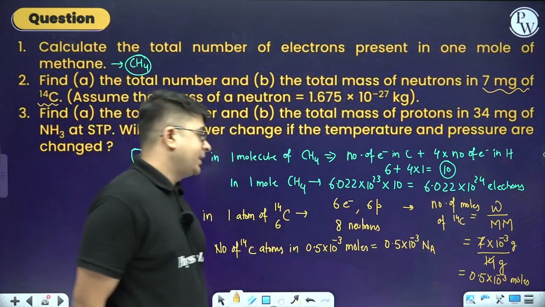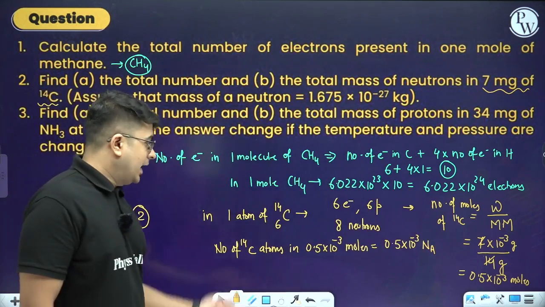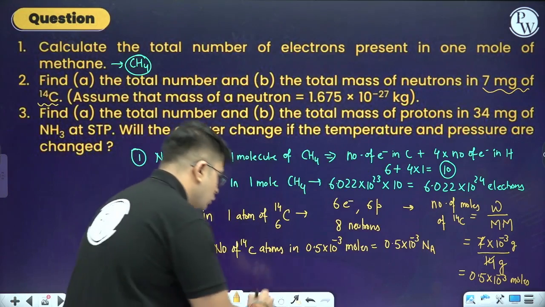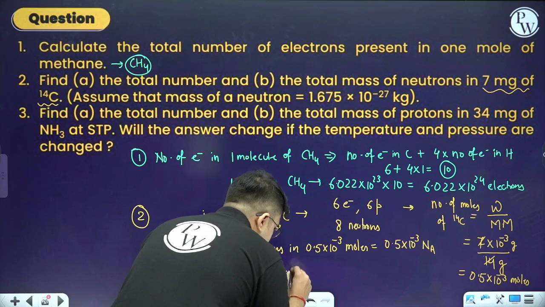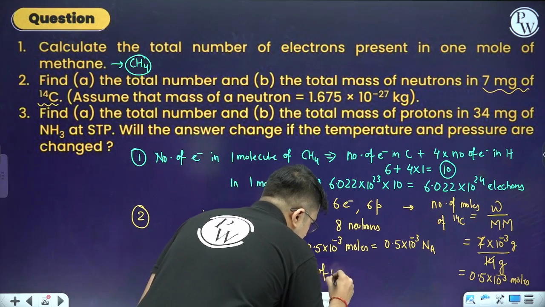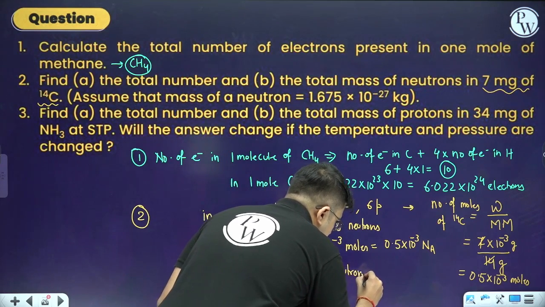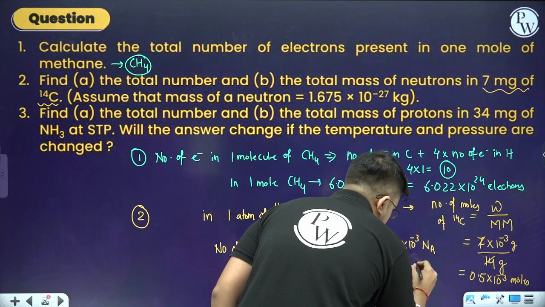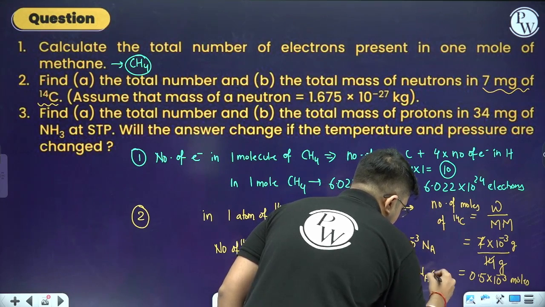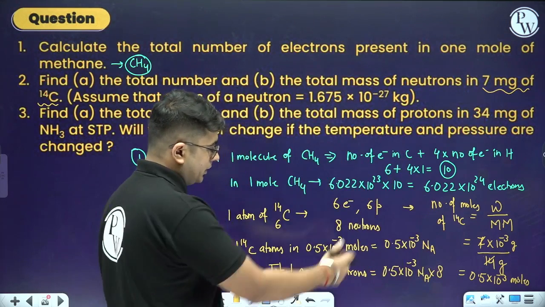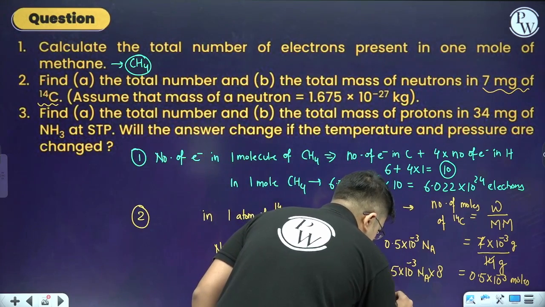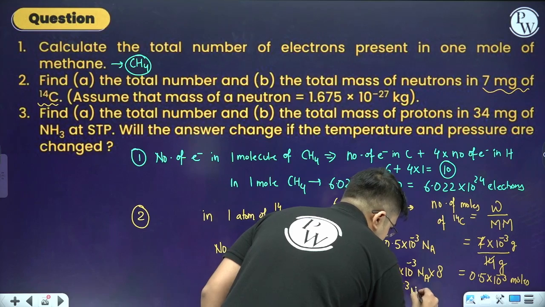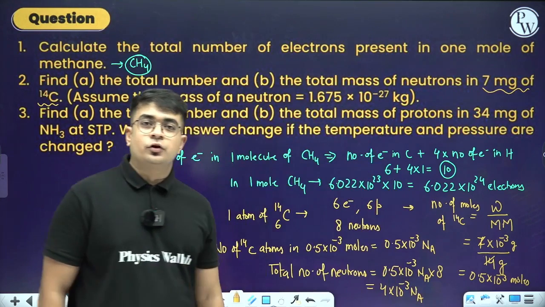So these many atoms of carbon are present, and in one atom you know there are 8 neutrons. So total number of neutrons are 0.5 multiplied by 10 raised to the power minus 3 Na multiplied by 8. So that will be 4 multiplied by 10 raised to the power minus 3 Na, the total number of neutrons.